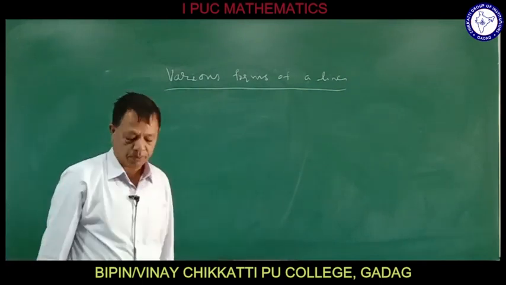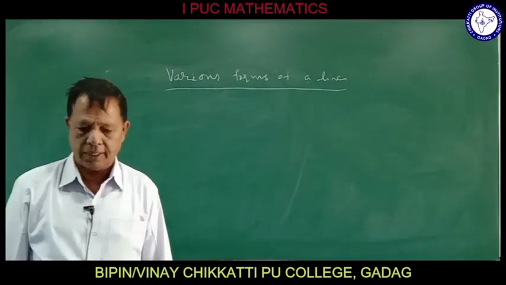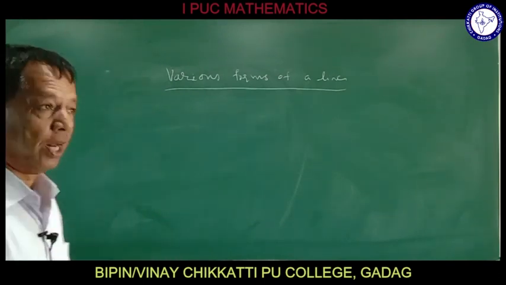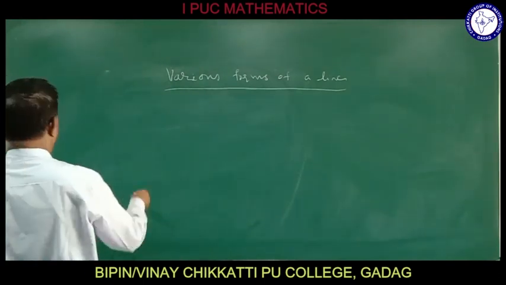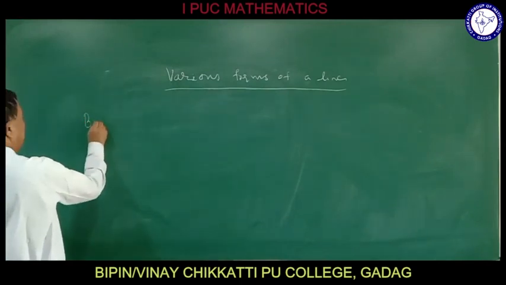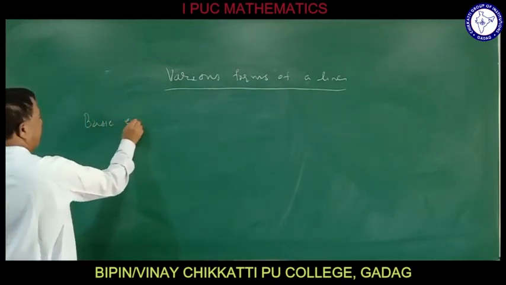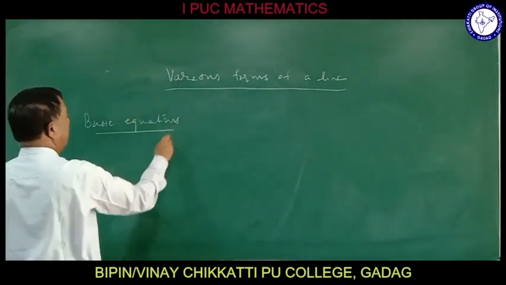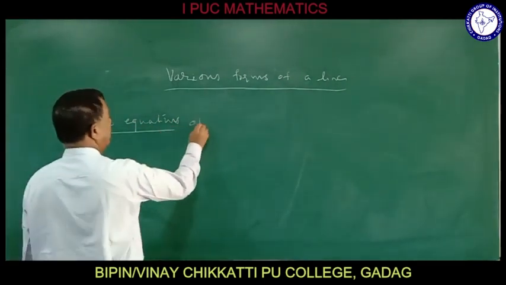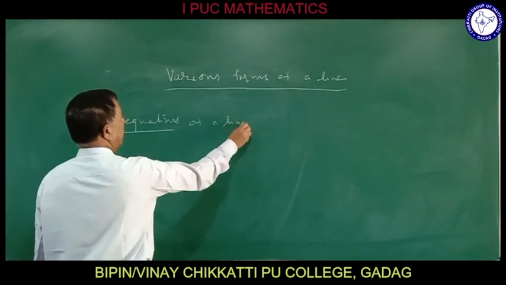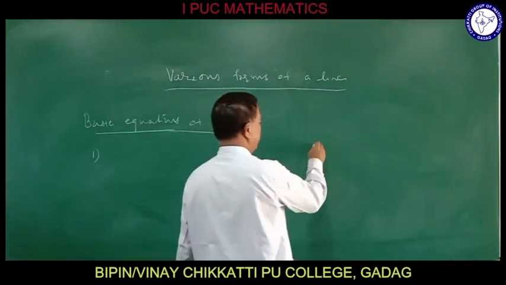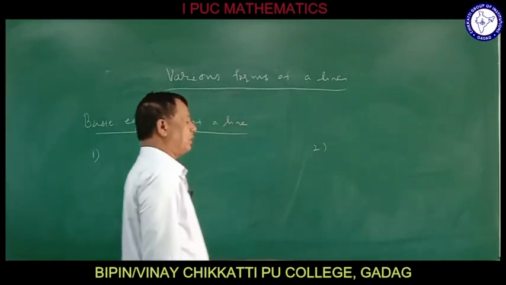All possible types of straight lines can be written here. In general I want to make two categories. So what are the basic equations? Basic equations of a line. I want to say that there are two basic equations that I can consider.